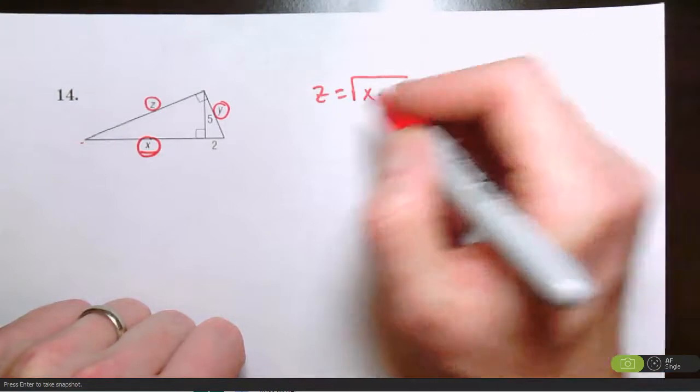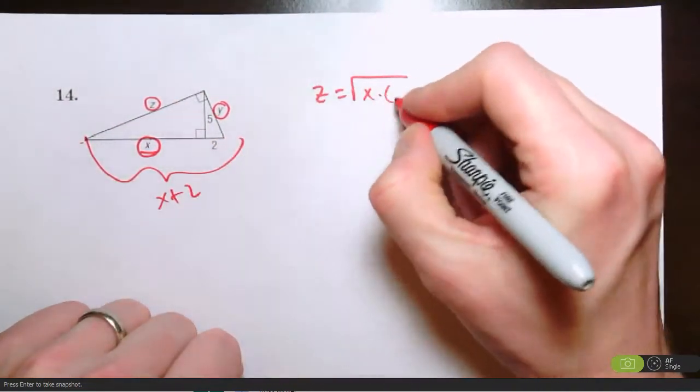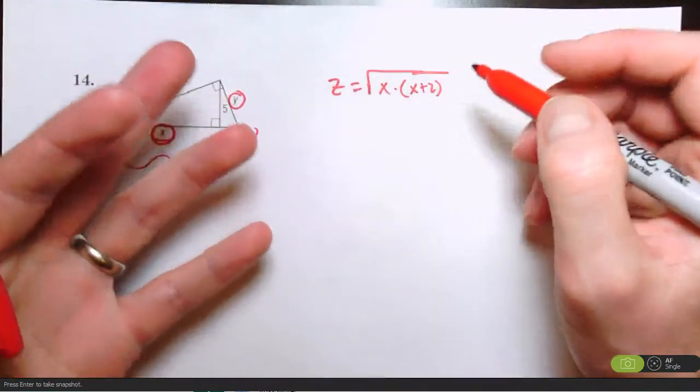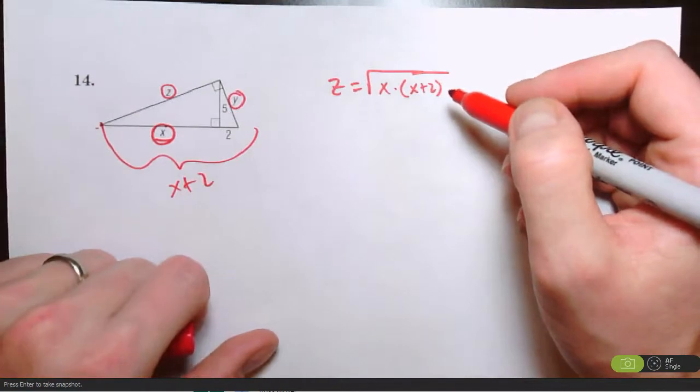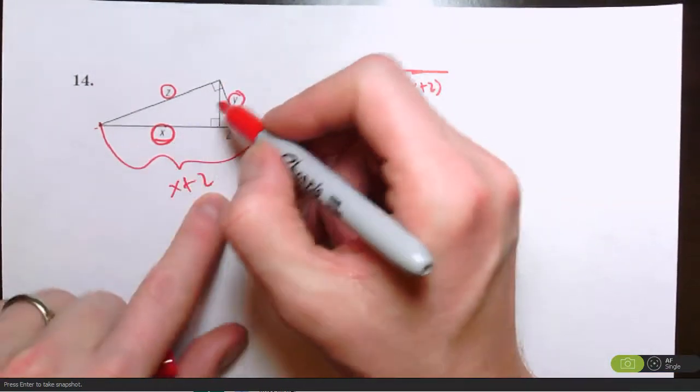So x times the whole hypotenuse. Well, the whole hypotenuse is x plus 2. So that's x times, I have to know what x is to do that. So basically what that's implying to me is find x first, and once you know x, you're good.